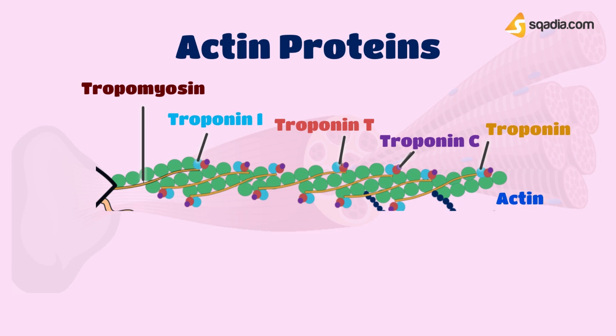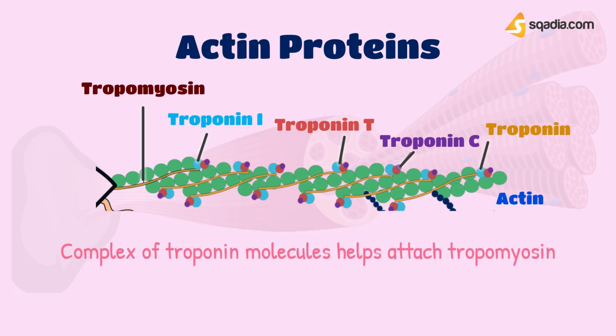The first subunit, troponin I, strongly attaches to actin. The second subunit, troponin T, binds to tropomyosin. The third subunit, troponin C, has a strong attraction to calcium ions. This complex of troponin molecules helps attach tropomyosin to actin.